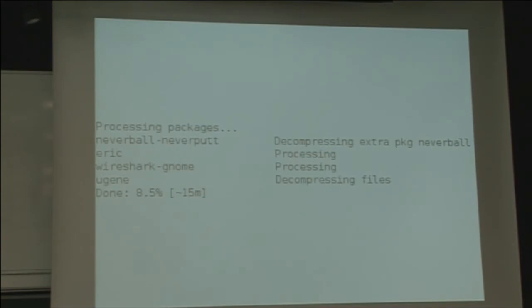I was quite hand-wavy about what we did when we exploded the RPM. When you've got a binary RPM like GIMP, it might also have another sub-package like GIMP-data, which might contain all the translations or all the icons that we want to use. So when we decompress files on the build server, we also have to decompress other packages that the package depends on from the same source RPM.